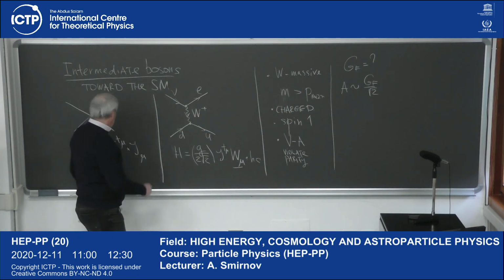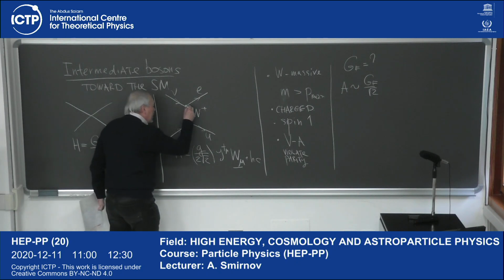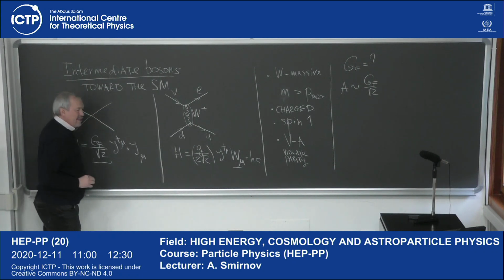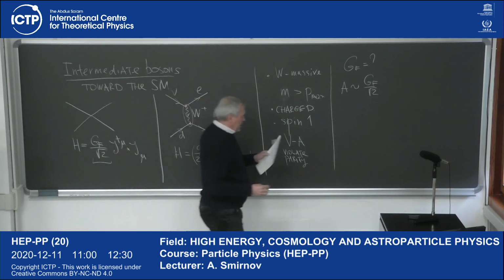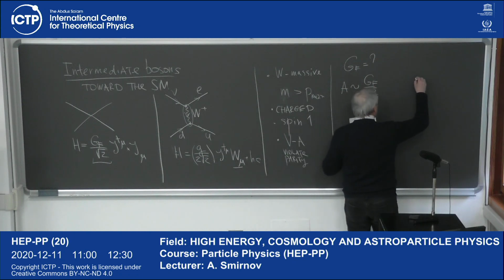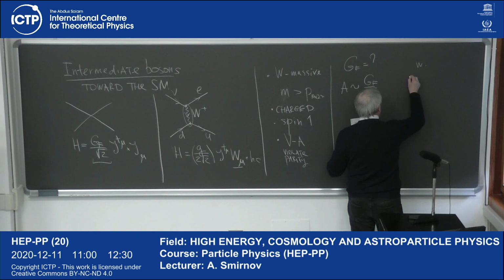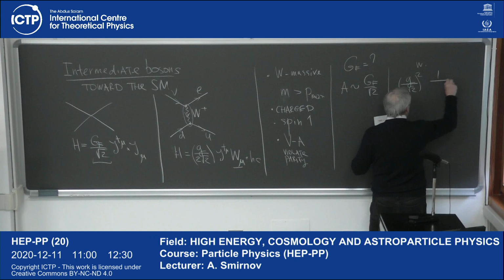In this case, instead of G Fermi, we have this structure, which actually reduces to a single point. So the amplitude in the theory with the W boson is given by g over 2 square root of 2 squared, the square of the coupling, and then multiplied by the propagator of the W boson.